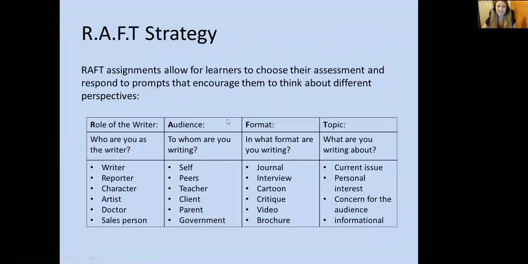So now I'm going to take that idea and step it up a little bit. There's an example of something called the RAFT strategy. Is anybody familiar with the RAFT strategy? The RAFT strategy is all about choices when we talk about differentiated instruction. The RAFT assignment allows learners to choose their assessment and respond to prompts that encourage them to think about different perspectives.